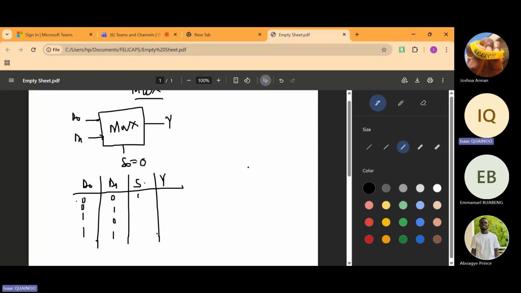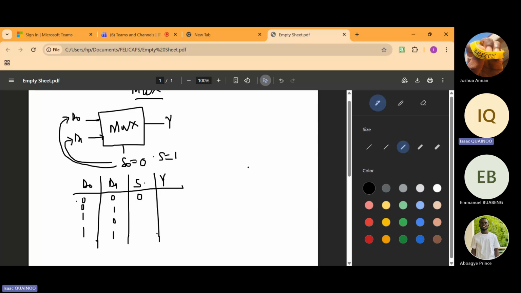So assuming our S is 0, what do you think is going to happen? S equal to 0 will always correspond to our first data line, which is D0. So whenever S is equal to 0, our D0 is selected. And if S equals 1, then our D1 is selected.